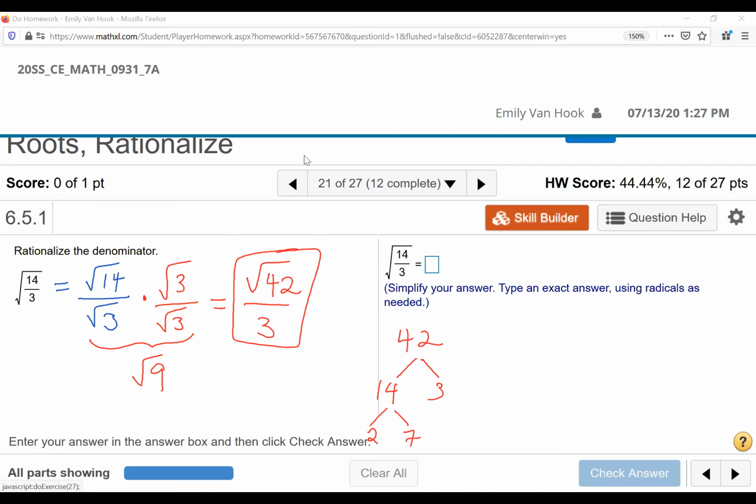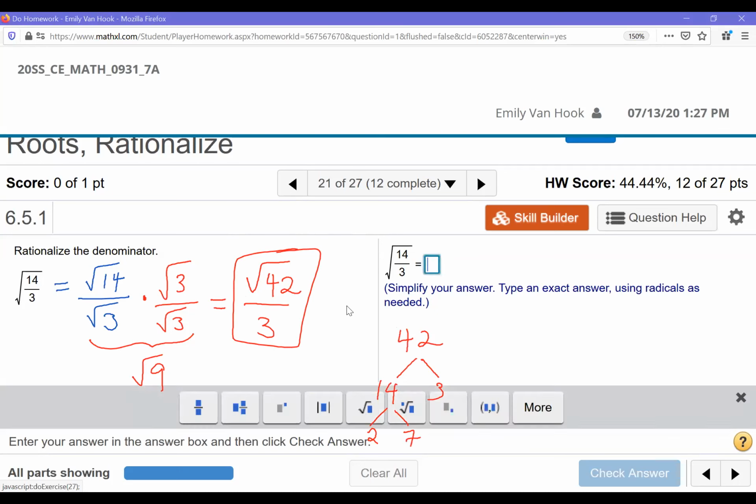And let's be careful about how we type that. If I choose to click on the square root first, 42, now to create a denominator of 3, if you click on the fraction button, that's not quite what we wanted. So you have a couple choices.